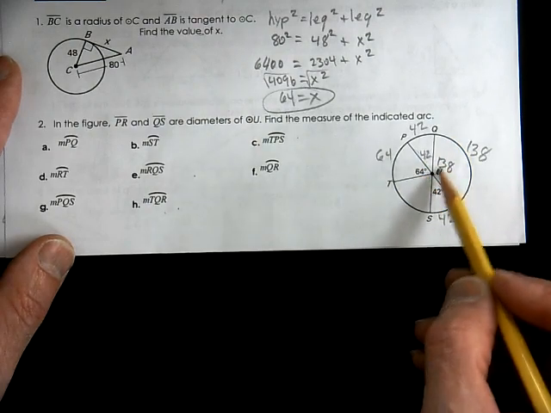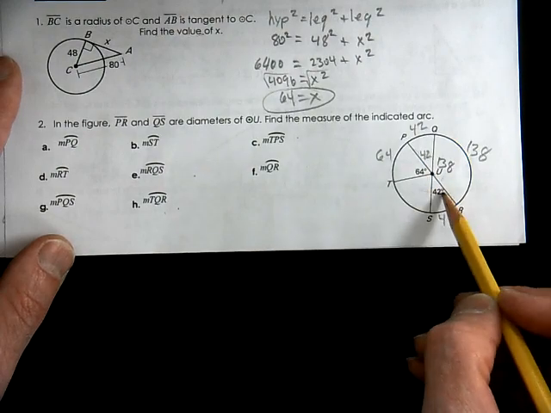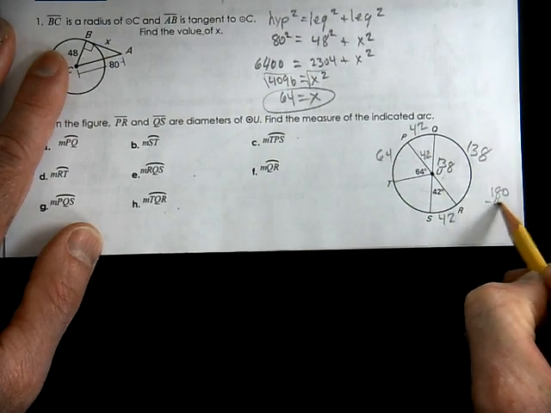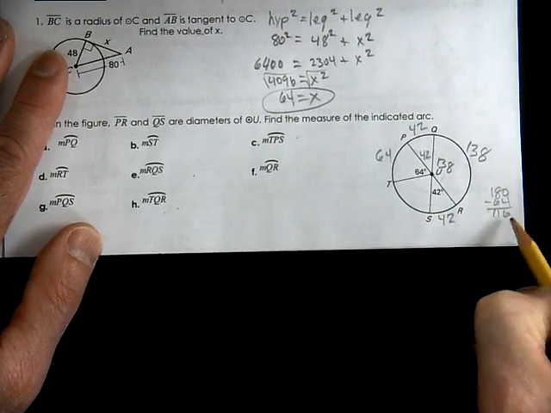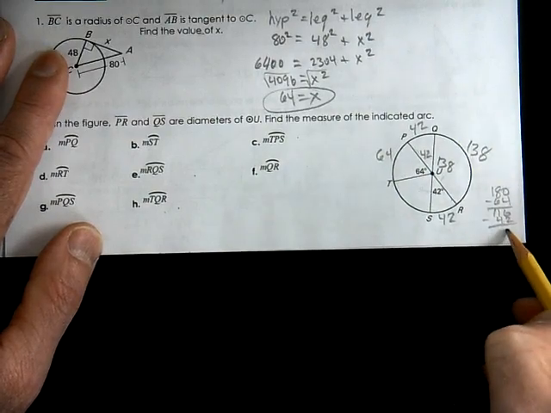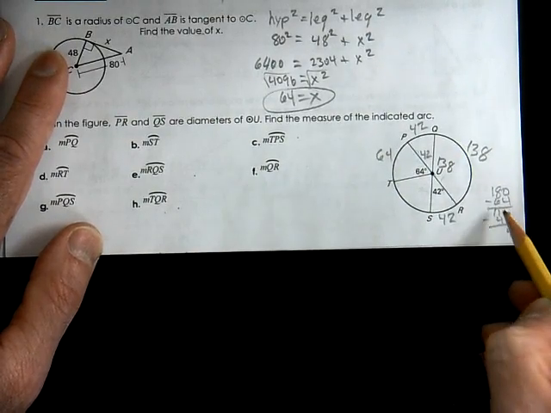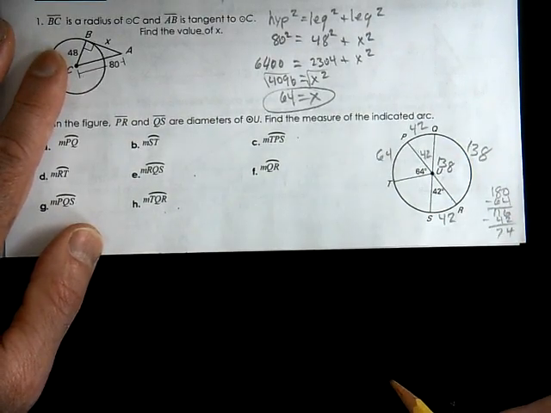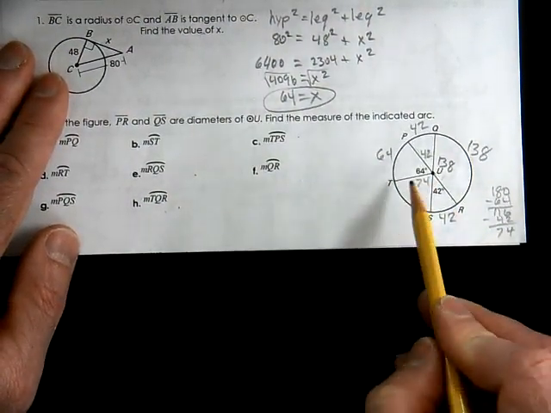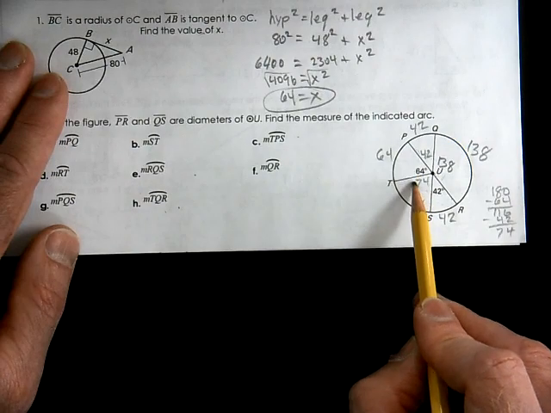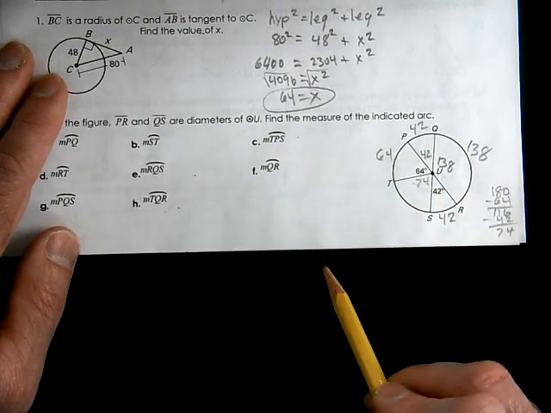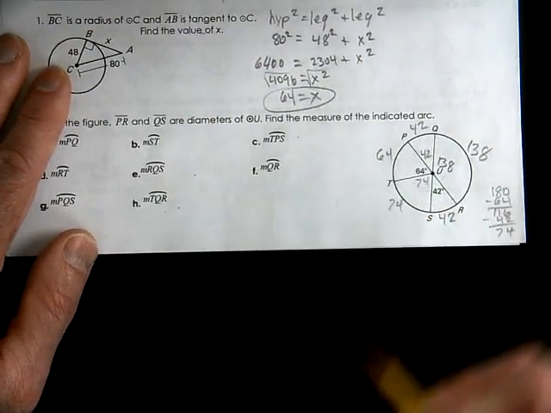That's one way you could do it, but this is 180. And we'll minus our 64. And minus our 42. That seems to be 74. 130, 170, 180 total. So that makes sense.